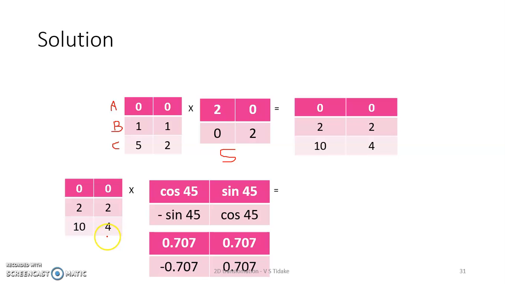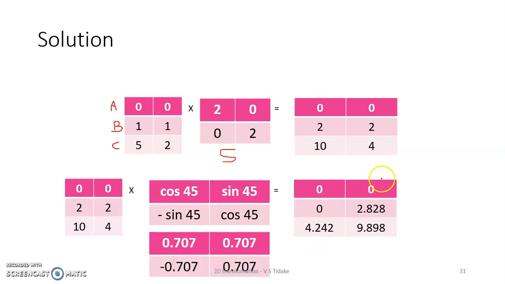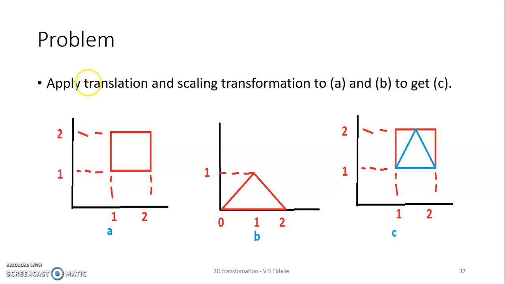Then when this matrix and this rotation matrix are multiplied, we will get this matrix. So after the transformation, we will get the points A (0,0), B (0, 2.8) and C will be (4.242, 9.898).